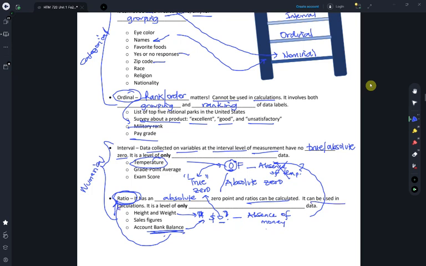It can also be used in calculations, but it's a level of only ratio data, and in particular, of only numerical data.